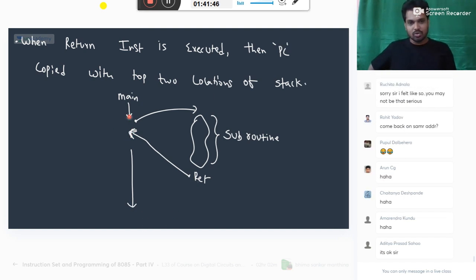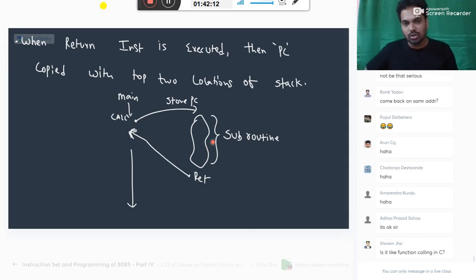Now see here. The main program is there. Subroutine is called, completed, return, come back. Here you are storing only the PC. But if you are a healthy programmer, not physical health, if you are a good programmer, generally in the subroutine you need to store all registers, at least the accumulator, into the stack and do your program part.